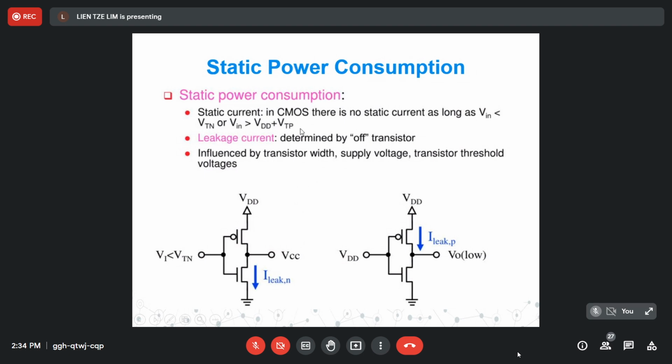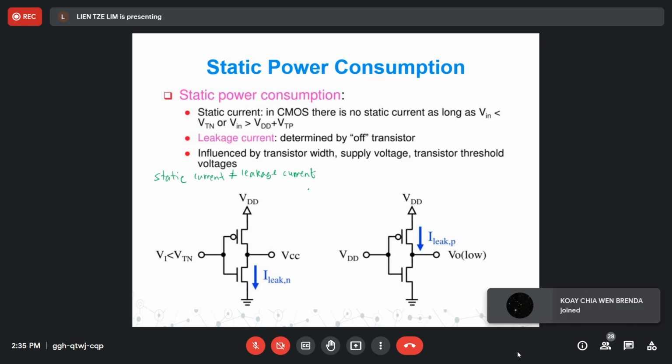If I mentioned it wrongly just now, this one should be the correct one: static current is not leakage current. Leakage current is determined by the off transistor.